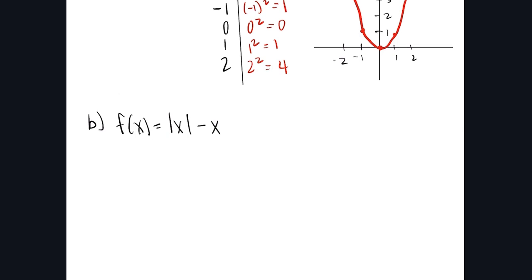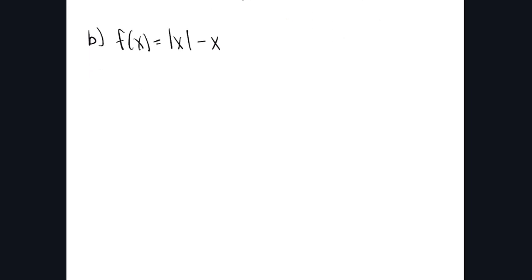So once again, if you don't know how to graph something, creating a table is a good way to start. So I'm going to say, here's my x. To find my y, I'm actually going to say f of x here just so we know we'll be plugging those in for x. So again, -2 to 2 is a good starting point.